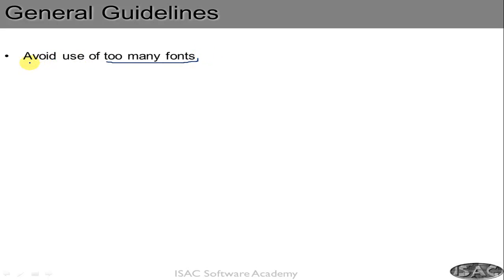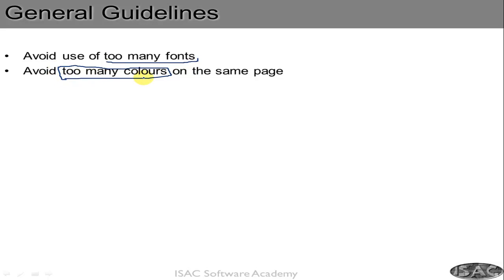Avoid using too many colors, because too many colors on the same page will unnecessarily distract people from reading whatever is on the web page. Try to use just 2-3 colors and use shades of the color, like light gray, deep gray, gray, that kind of thing. If you put too many colors, it becomes very confusing.